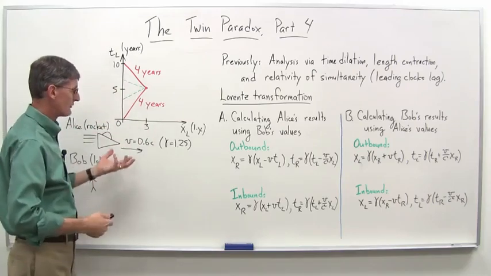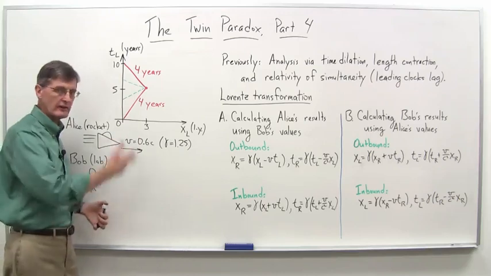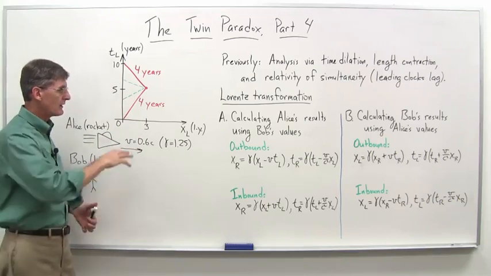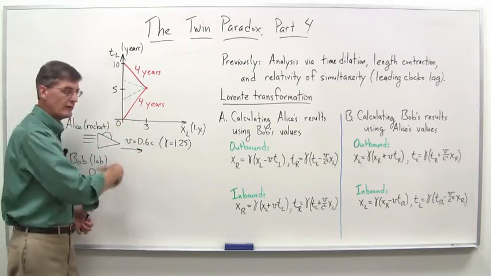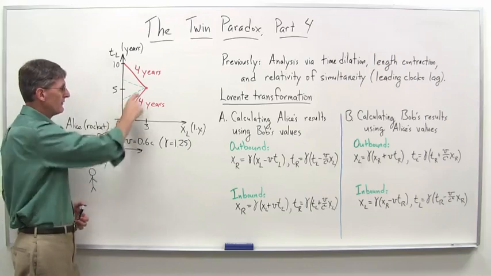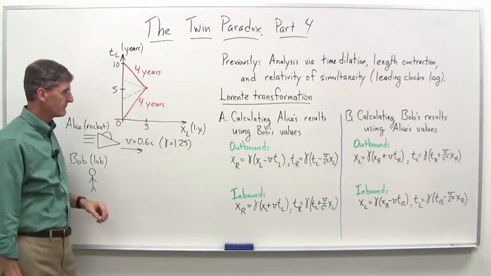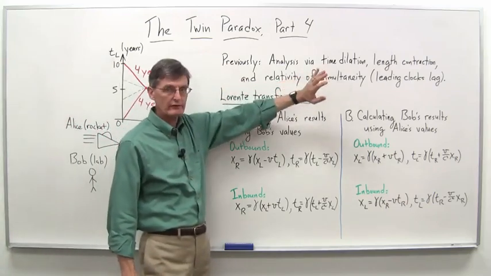So his analysis, remember, was fairly straightforward. He expects he'll see 10 years tick off on his clock, and because of time dilation, the 1 over gamma factor, he sees Alice's clocks tick off 4 years in each case. So that was Bob's analysis via time dilation.